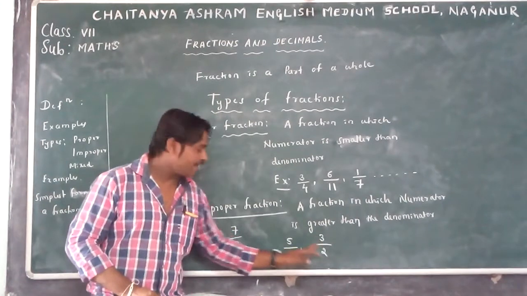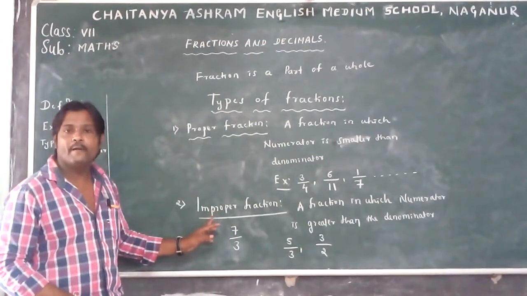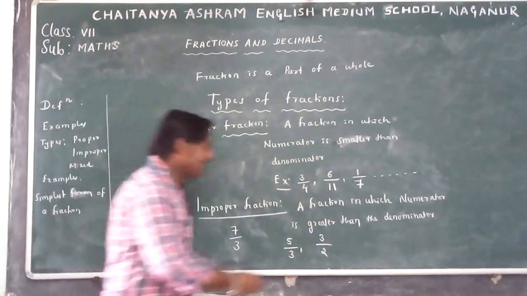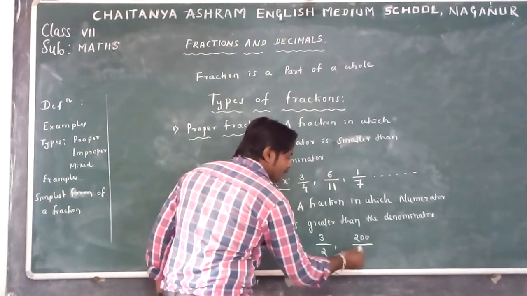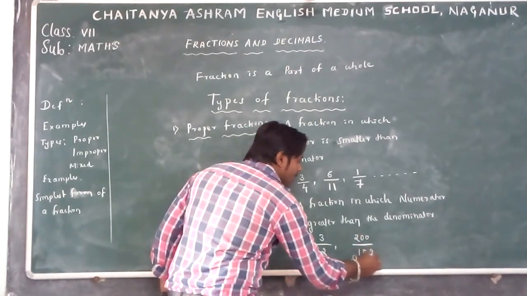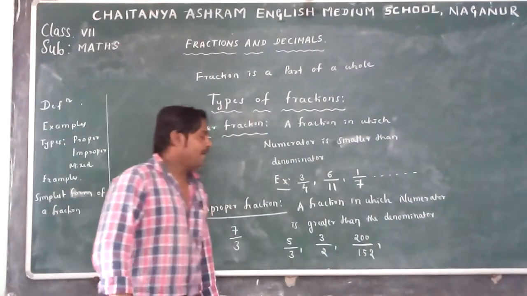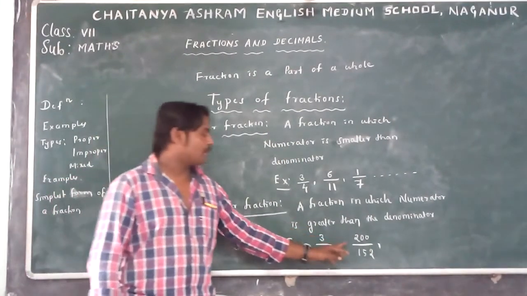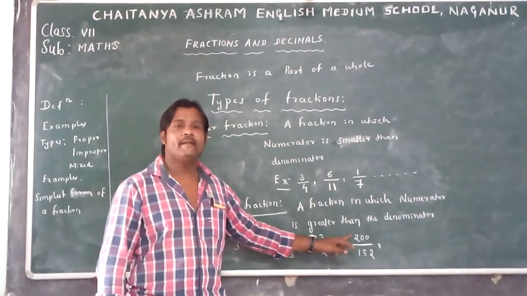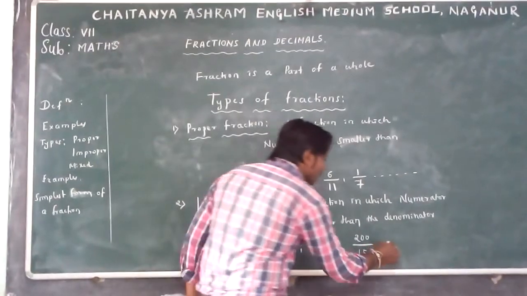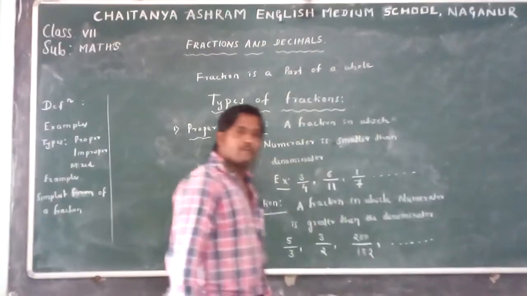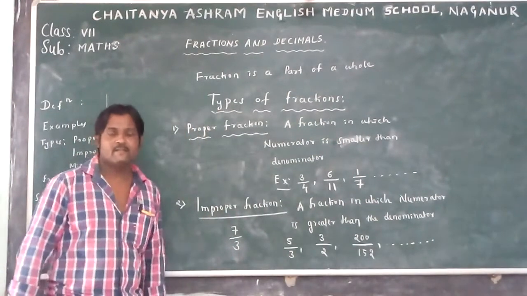This is also an example for improper fraction. Now, 200 divided by 152. This is also an example for improper fraction because numerator is greater than the denominator. So like that we can write the examples of improper fractions.